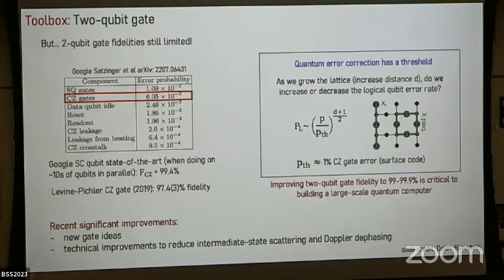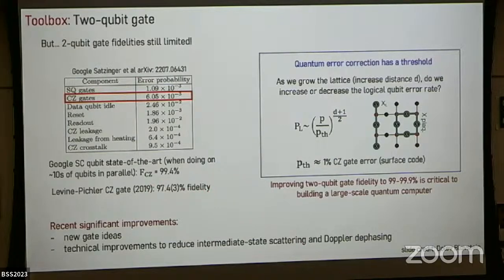I decided not to go into too much detail because most of you are theorists. The first main source of error was intermediate state scattering: we have a two-photon transition to the Rydberg state, so we go through an intermediate state, and there is some scattering from that. About 1% of our error was coming from that.